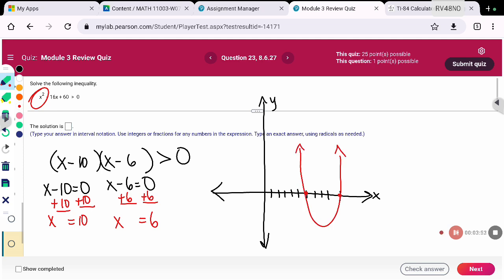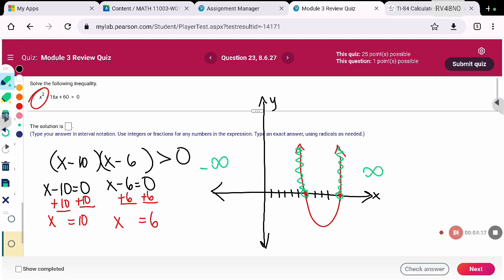Now it wants to know where it is greater than 0. So once again, these points are not included. They should be open. It wants to talk about this interval and that interval. So remember, when we're reading a graph, coming in from the left and going to the right.